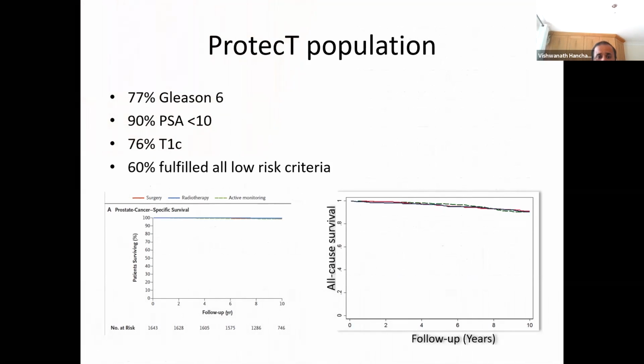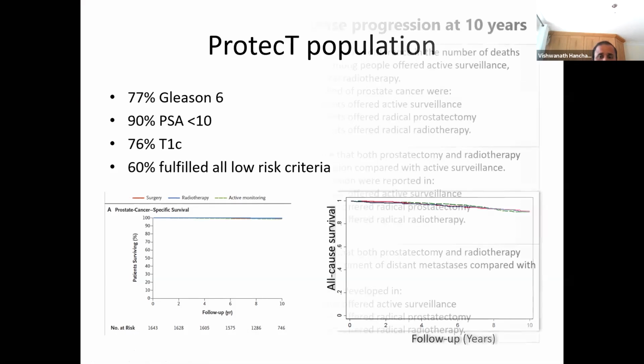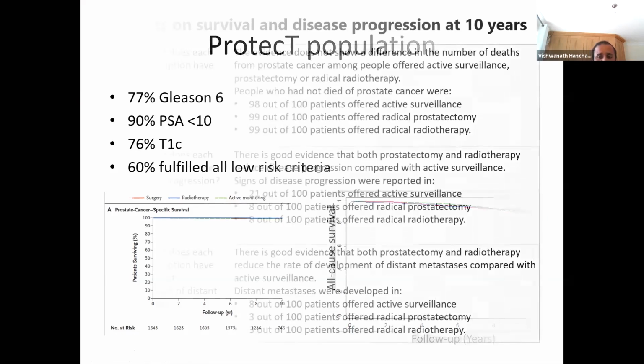of patients, where 90% of the patients had a PSA of less than 10, and 60% fulfilled the low risk criteria. So although it concluded that there was no significant difference between surgery, active monitoring, and radiotherapy, we have to take it with a pinch of salt, as the majority of this cohort had low risk cancers, and that's why they may not have had much benefit from the surgery.